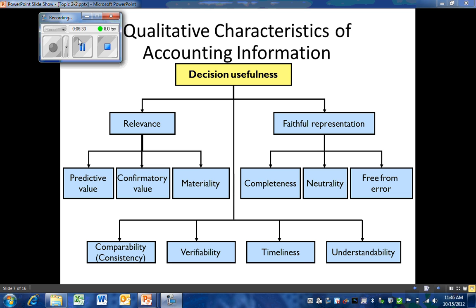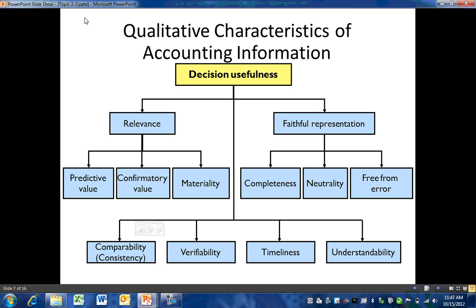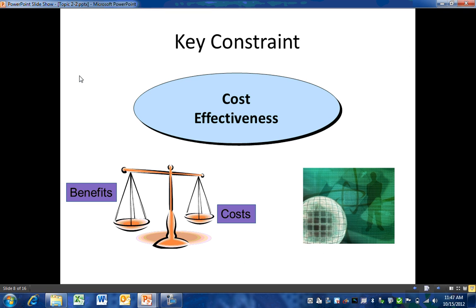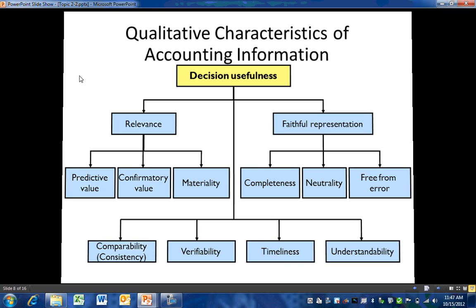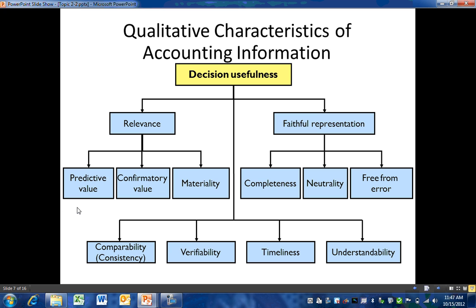That is, it has to be auditable. These two values, predictive and confirmable, have much to do with what is known as earnings quality, and that is something we're going to discuss later on in Chapter 4.